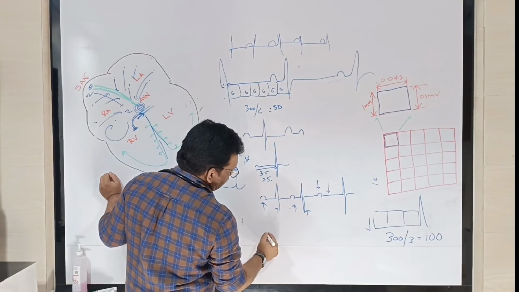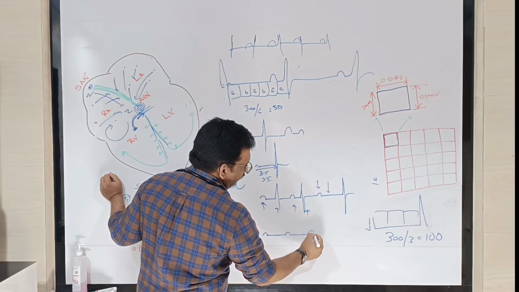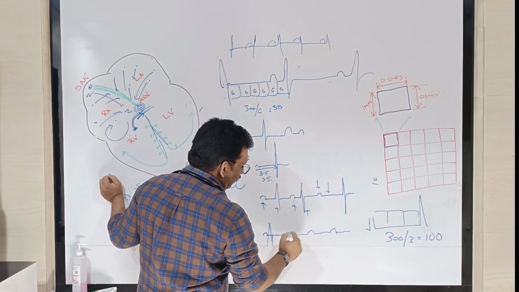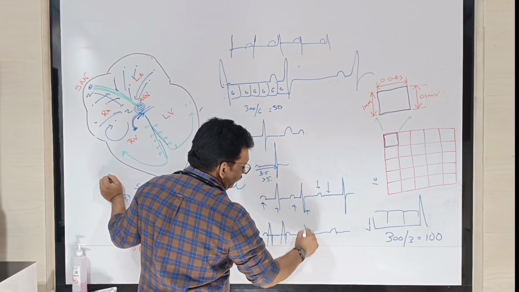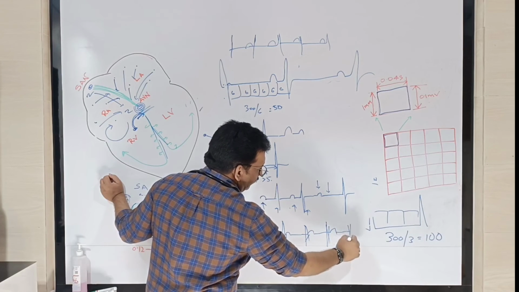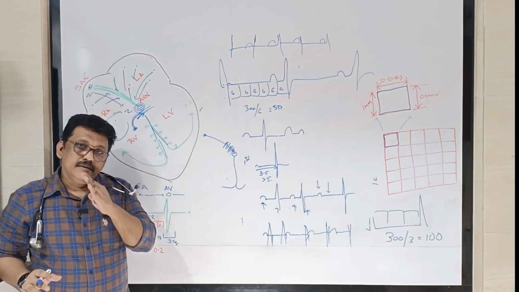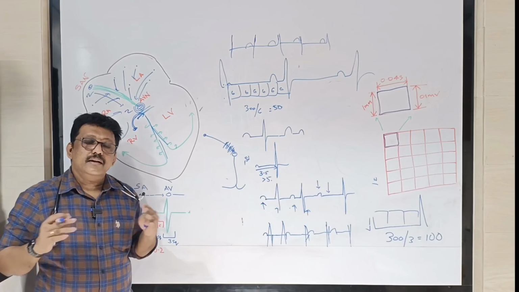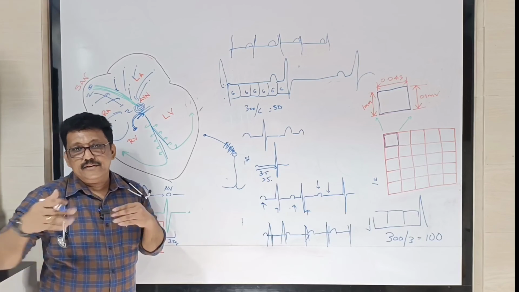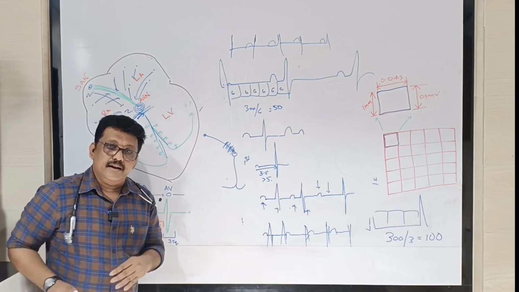Third degree heart block is something like this. P waves come regularly, so atrial activity is going on regularly. Ventricular activity is not related to atrial activity. Atrial activity goes regularly, but the ventricular activity is not coordinated with the atrial activity.